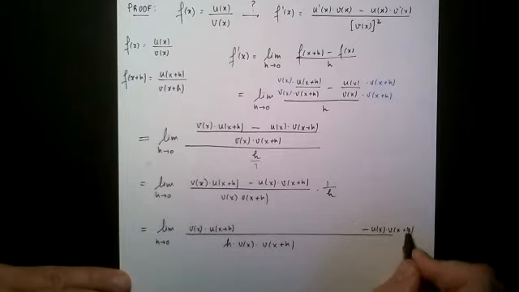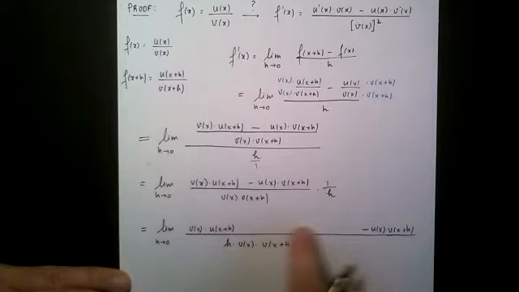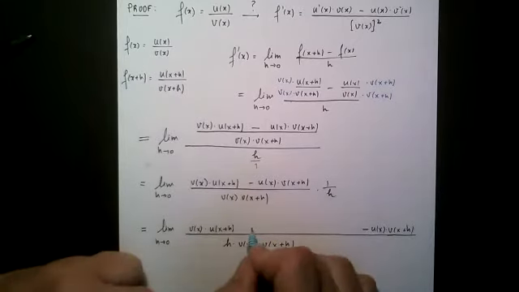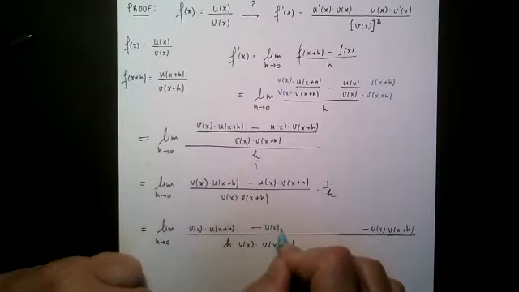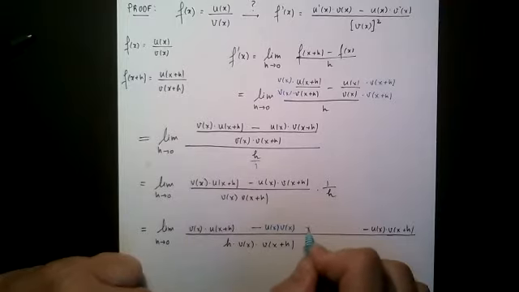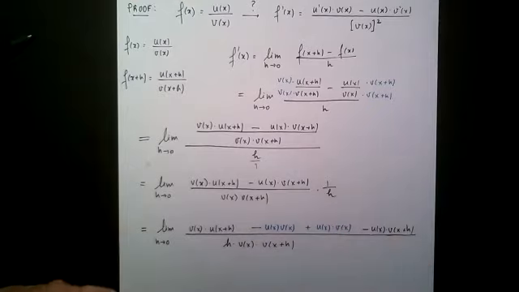I left a big space here because I'm going to add and subtract something: minus u of x times v of x, and of course I'm going to re-add it right away, plus u of x times v of x. I did not change anything. Any questions?